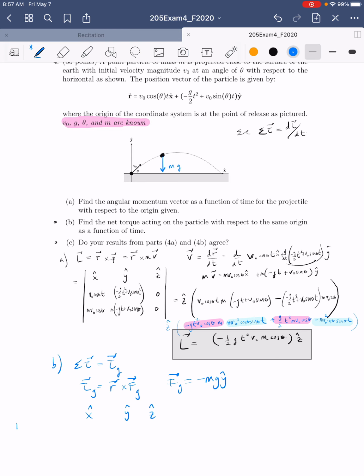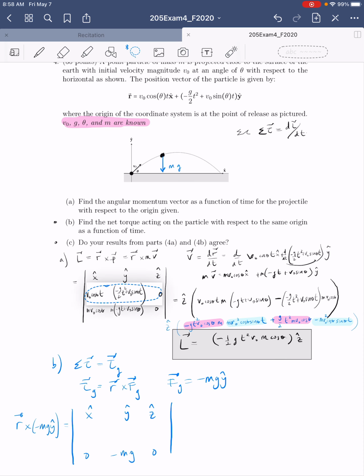So I'm going to do the determinant again to get r crossed with minus mg y hat, the force, which is my torque. I'm going to write the force in first because it's so easy. And then I'm just going to copy what I have here for the position vector that I used in the angular momentum vector. Make it a little bigger. Okay, and then again I'll have 0 x, 0 y, and that leaves only a z hat component.